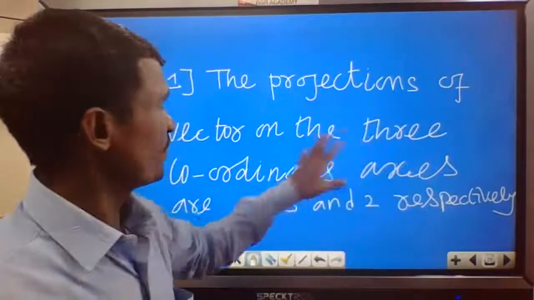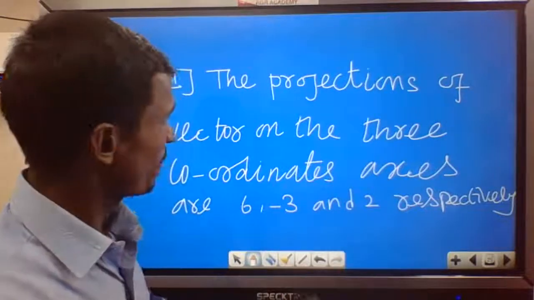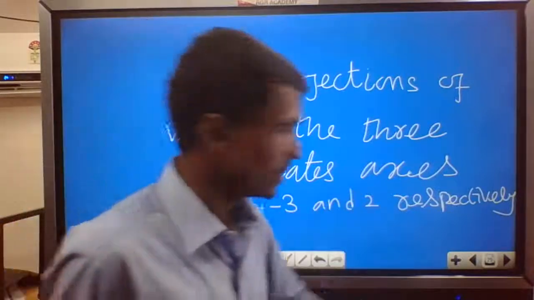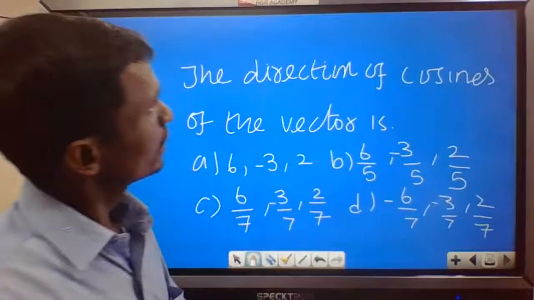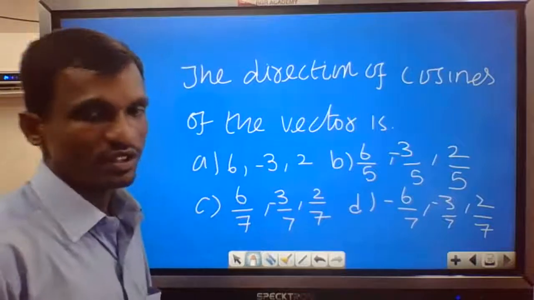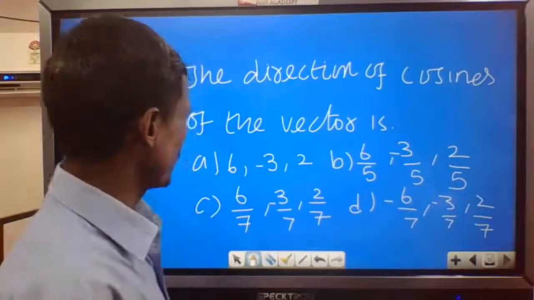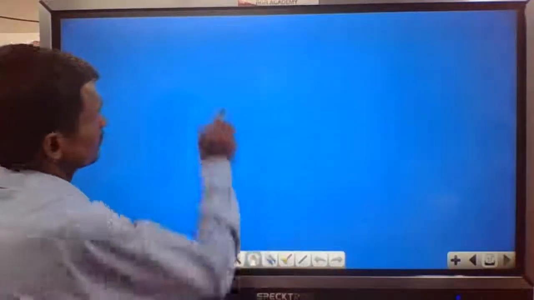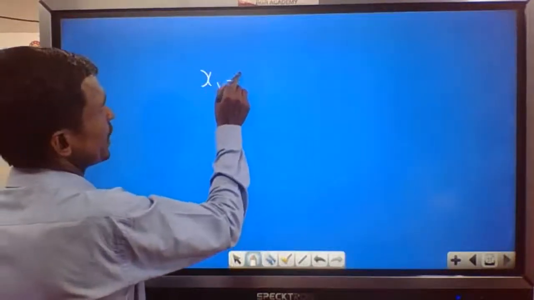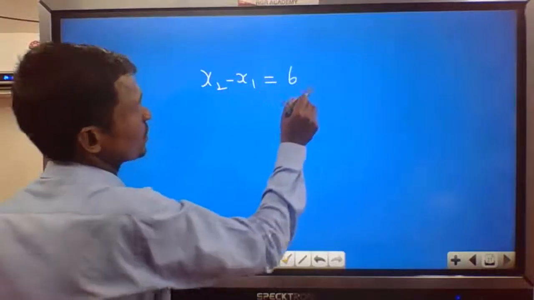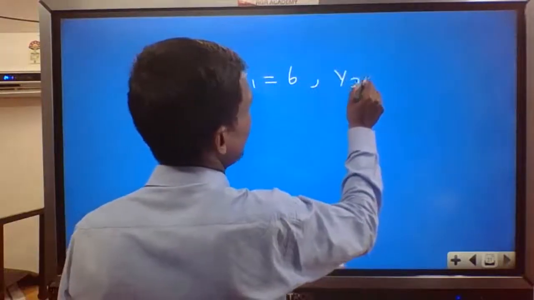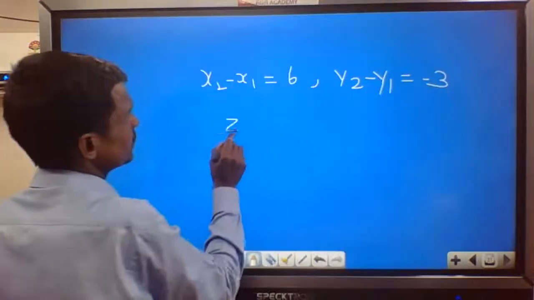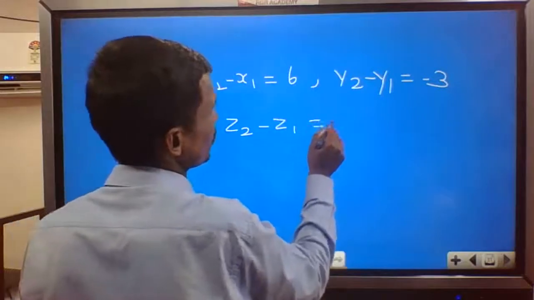The projection of the vector on the three coordinate axes are 6 comma minus 3 and 2 respectively. The direction cosines of the vector. Here x2 minus x1 equal to 6, y2 minus y1 equal to minus 3, z2 minus z1 equal to 2.